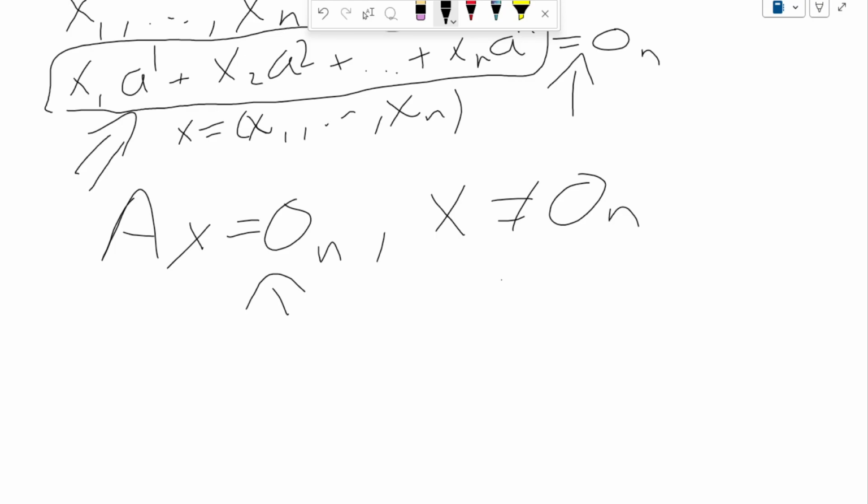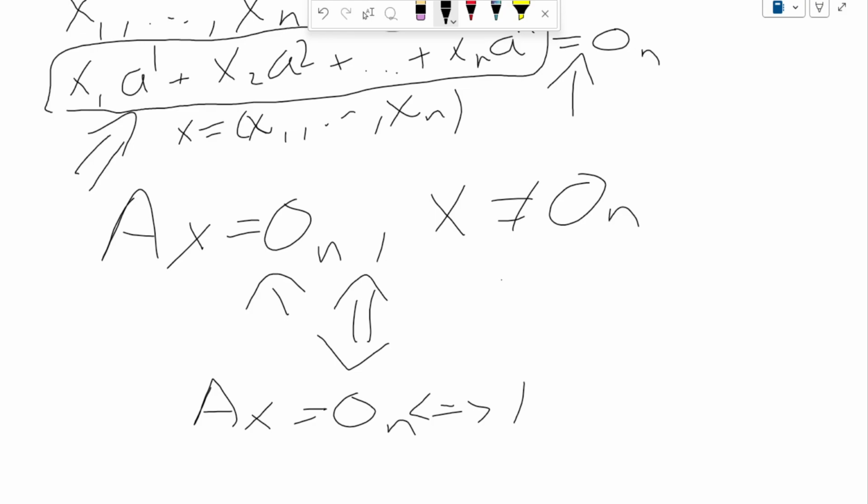So what we've already shown is that the determinant of A being 0 means that A has a null space, which also means that A must have an eigenvalue 0, because as we showed, AX equals 0n is the same thing as saying AX equals 0 times x, and this is the eigenvalue equation for the eigenvalue 0.